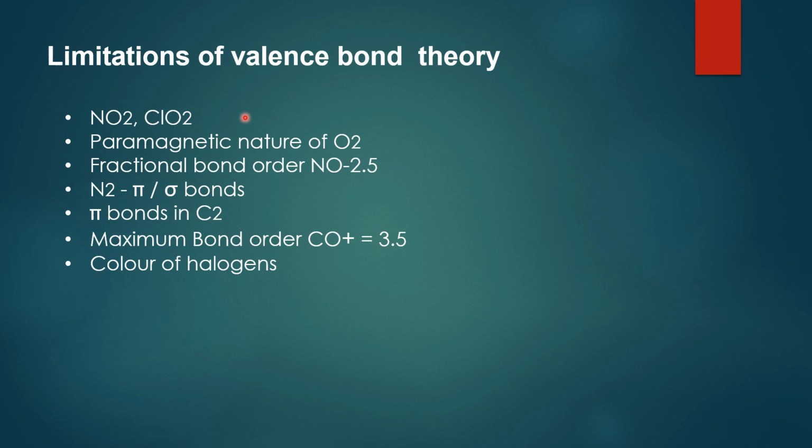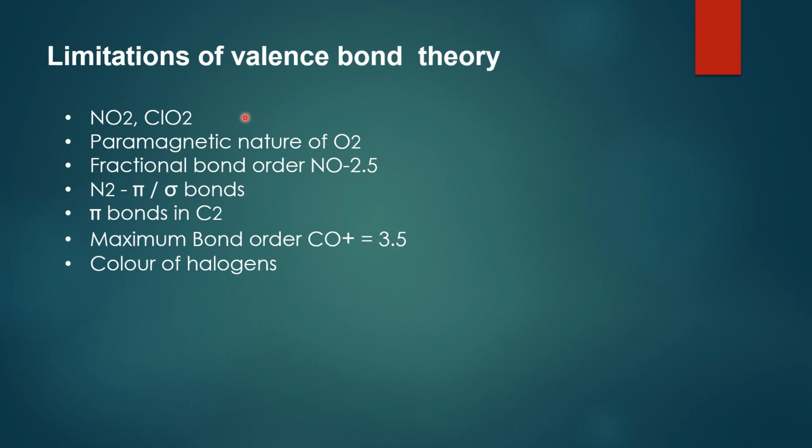If a substance is slightly attracted towards the magnetic field, then it is a paramagnetic substance. If a substance is repelled from the external magnetic field, it comes under the category of diamagnetism, right?